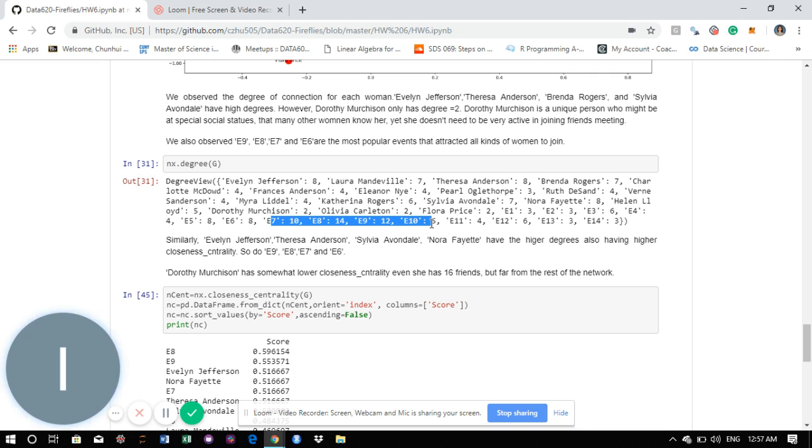So maybe in this case E9, E8, E7, and E6 might be the pretty popular events for those women who like to attend.